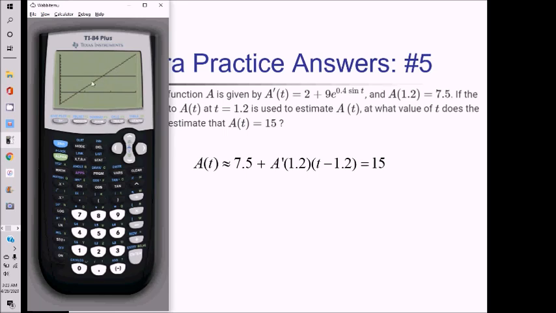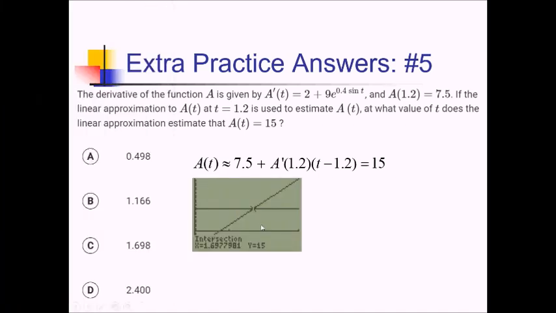Somewhere over there between 1 and 2. Let me do second trace, and then option 5, intersect. My spider's already pretty close to the intersection, so let's just press enter, enter, enter to get approximately 1.698. So there's my graph, there's my approximation, and that's going to be answer choice C.